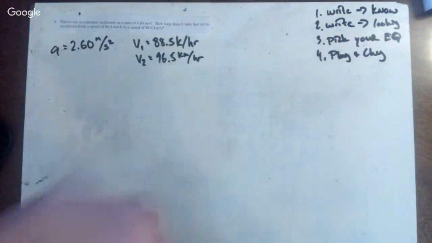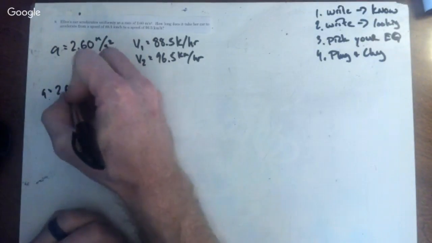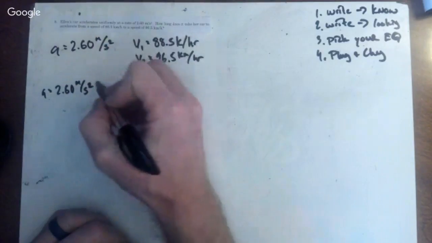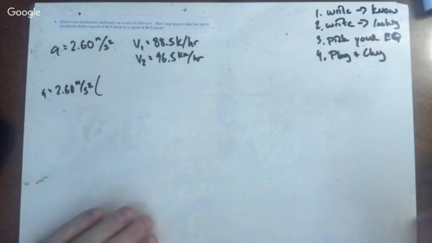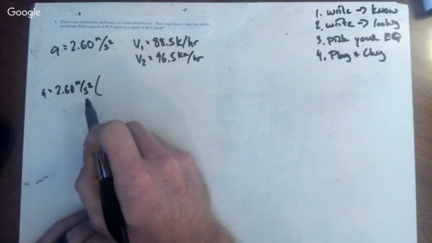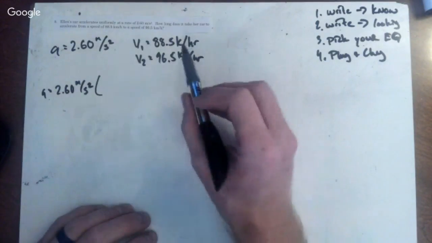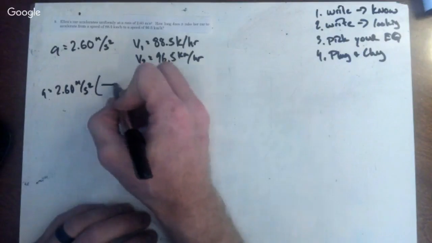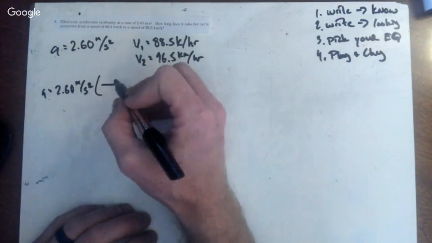Okay, so let's take a look at our acceleration. Our acceleration is in meters per second squared. Now, if you're in my class, we've gone through this a little bit, but let's go ahead and do it again. So I have a fraction here, meters over seconds squared. Now, in order to get rid of this meters and replace it with kilometers, what I need is a meter in the bottom of a fraction.